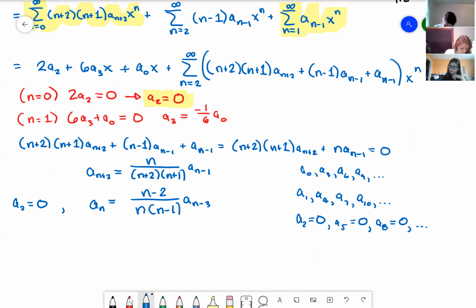Hmm. And we get 1/6 from this recurrence relation. Did I make a mistake there? I bet I did. Yeah, I did, didn't I? When I subtracted this n over, I didn't make it a negative.